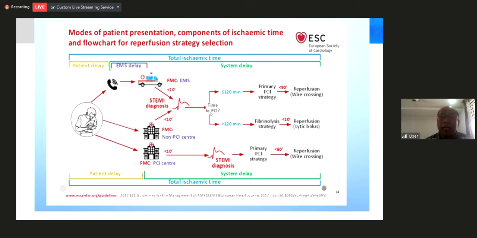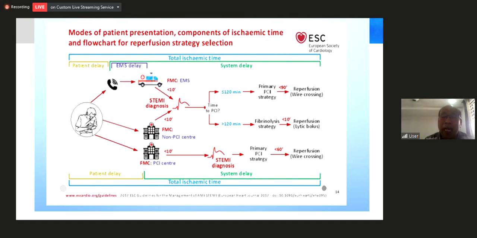If you can arrive at the hospital in less than 120 minutes, then they can offer you primary PCI, provided they can open the blood vessel. 120 minutes means from first medical contact to the balloon. 90 minutes is the hospital time here, and then 30 minutes for the ambulance.